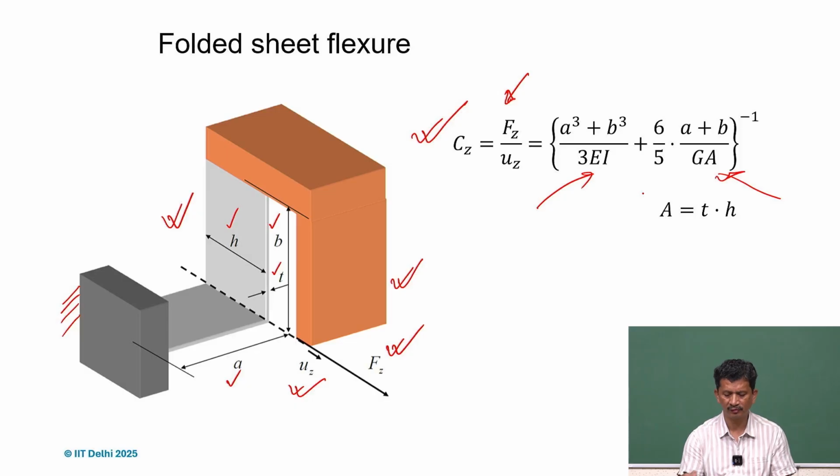And it's inverse, we are adding compliance, so that's why it's the inverse. 1 by Cz will be equal to these values. And that's why we have the inverse, minus 1 power. So be aware of that.